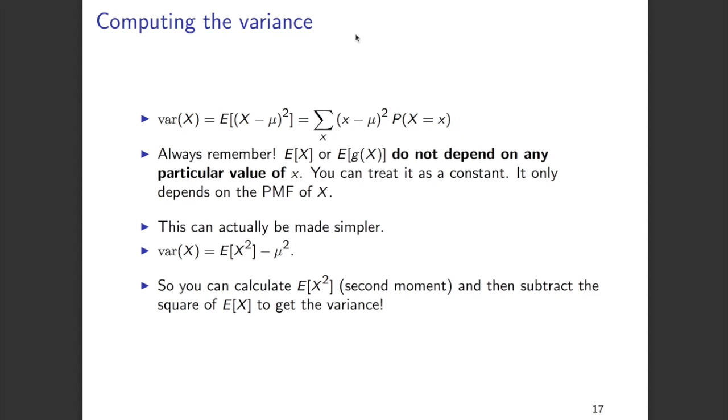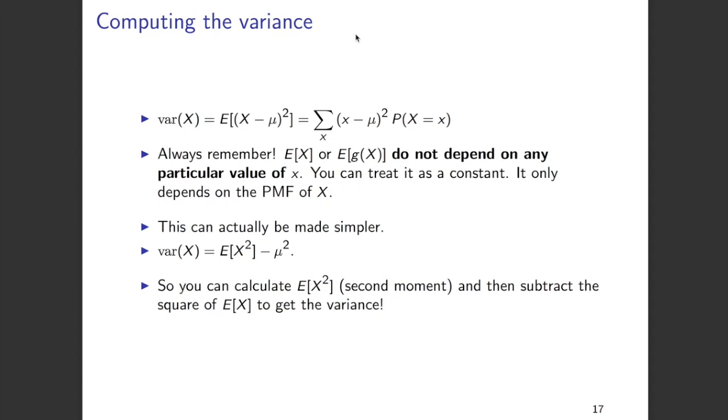It only depends on the probability mass function of capital X. What we can do is we can simplify this formula for variance of X, and what you actually get is expectation of X square minus mu square, where mu square is nothing but expectation of X whole square. So you can simplify this into this particular formula. And in this particular video, what we are going to see is how we actually derive this particular formula.